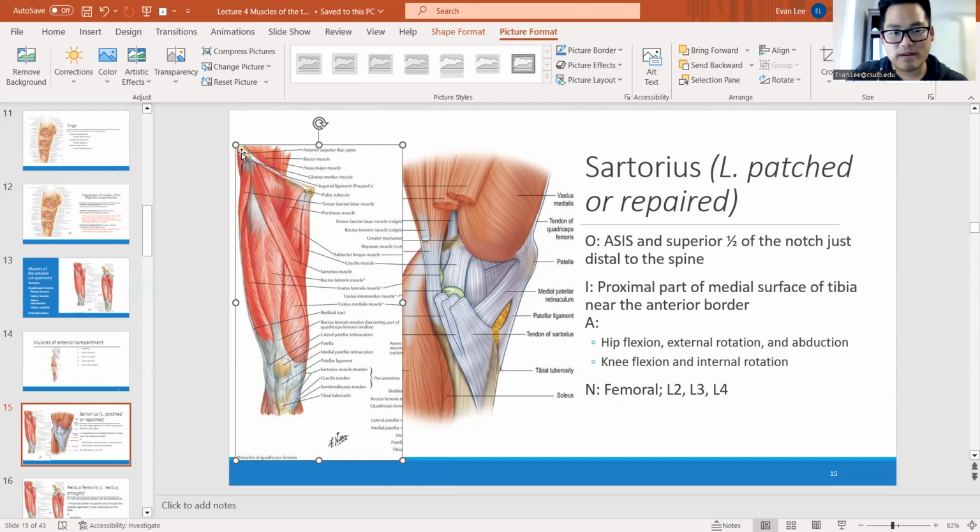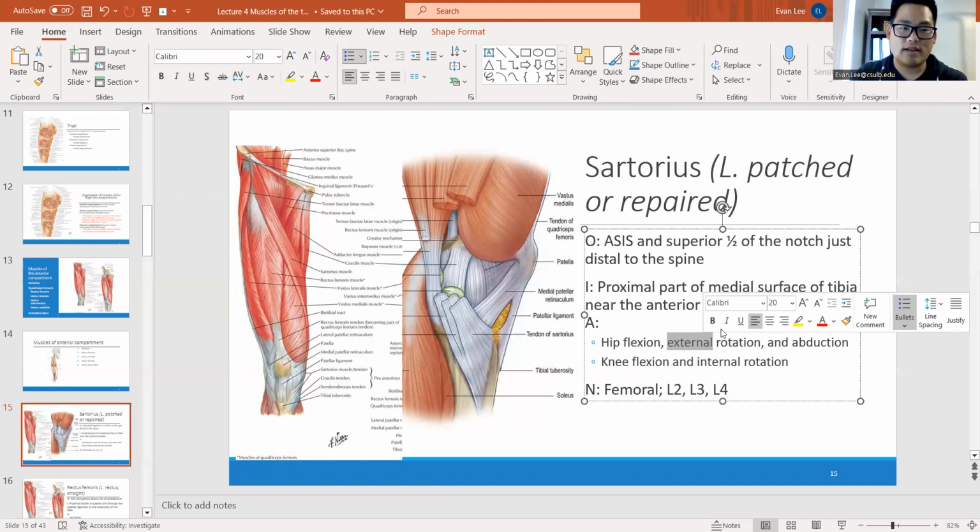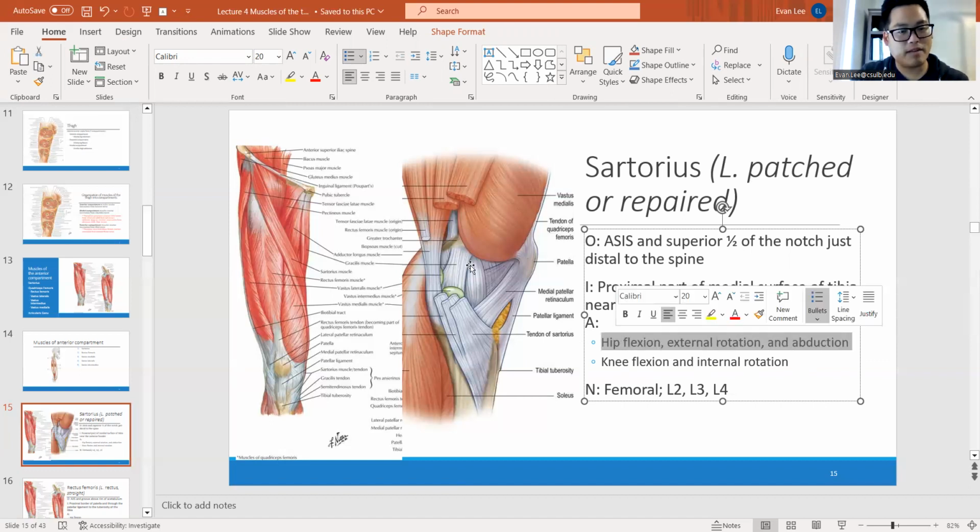It is up here on the lateral side of the front of the thigh. So front of the thigh, it helps with hip flexion. Lateral side, it helps with hip external rotation. And then once again, lateral side, it helps with hip abduction as well. So lots of fun stuff at the hip, but it also goes across the knee joint.